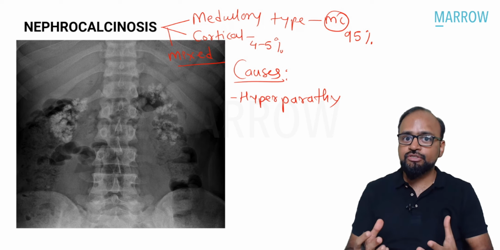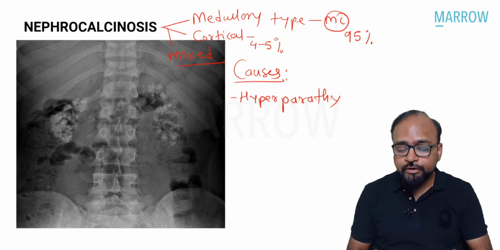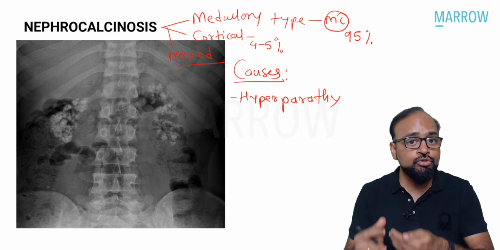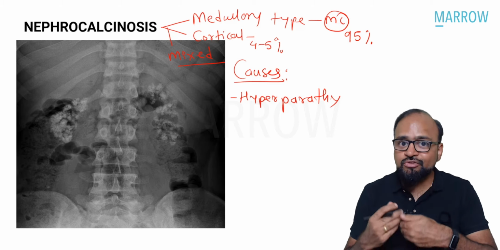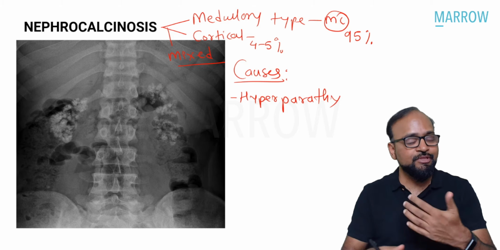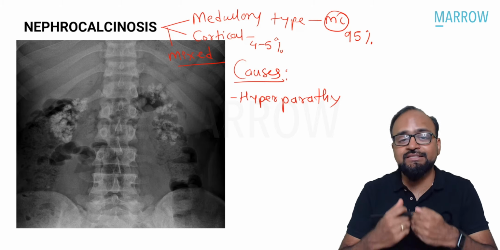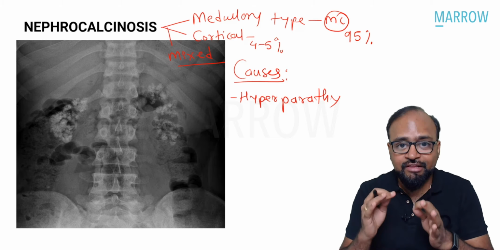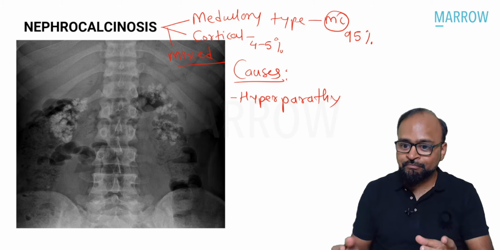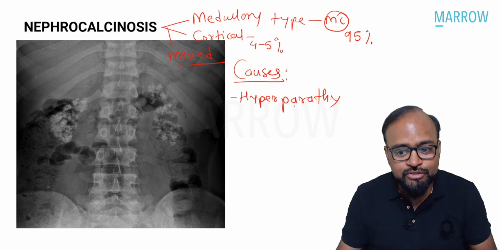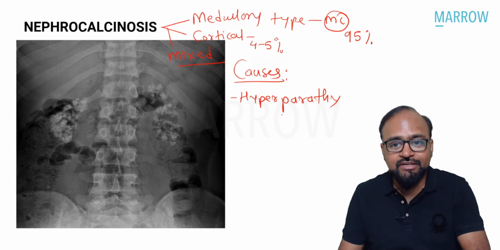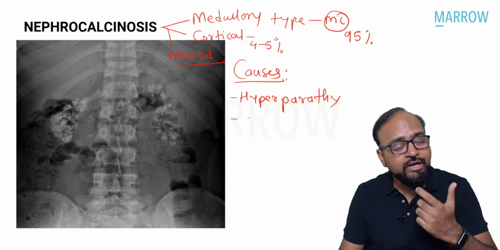Parathormone level is increased. What is the role of parathormone? It will increase the blood calcium, cause bone resorption. Excess of calcium going around in the body, right? So what is going to happen? It is going to give rise to nephrocalcinosis and nephrolithiasis both, right? So one of the important causes of nephrocalcinosis as well as nephrolithiasis is hyperparathyroidism, right?